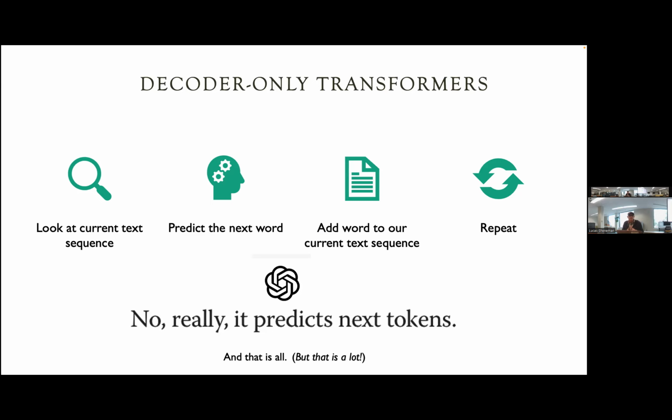So we look at the current text sequence, we predict the next word, we add that word to our current text sequence in our context window, and then we repeat that process. And as magical as GPT-4 seems to be, all it's doing is predicting the very next token in the sequence, right? It's doing that based on this huge corpus of data that it's learned, but it's really just sampling from that distribution to choose the most probable next token.